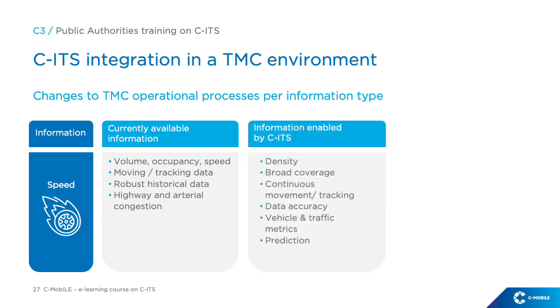CITS technologies enable the exploitation of a lot of additional information, such as density and contextual information, broader road network coverage, continuous movement and tracking information, high data accuracy, specific metrics related to the vehicles and traffic, prediction of the impacts of different traffic management and operation measures.